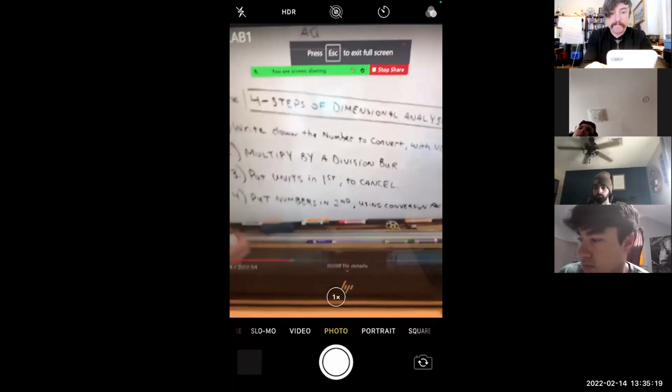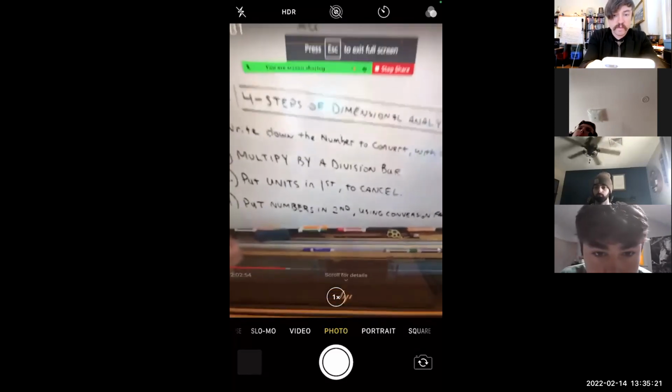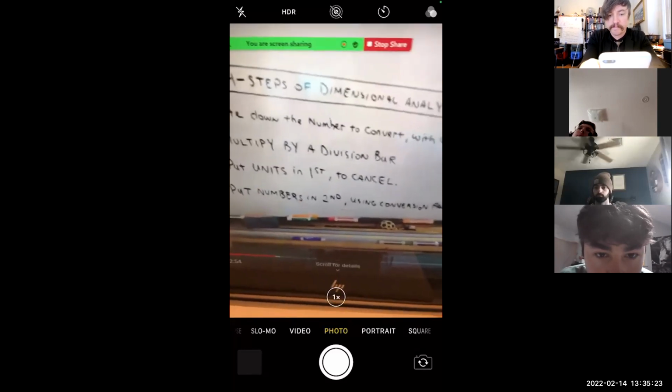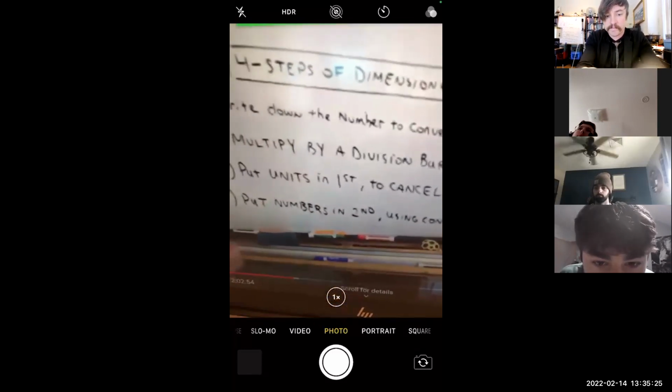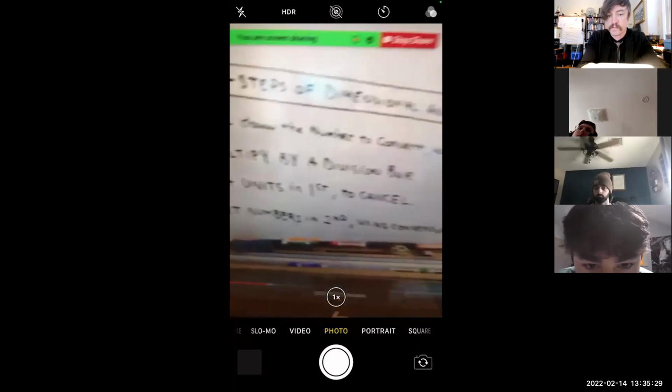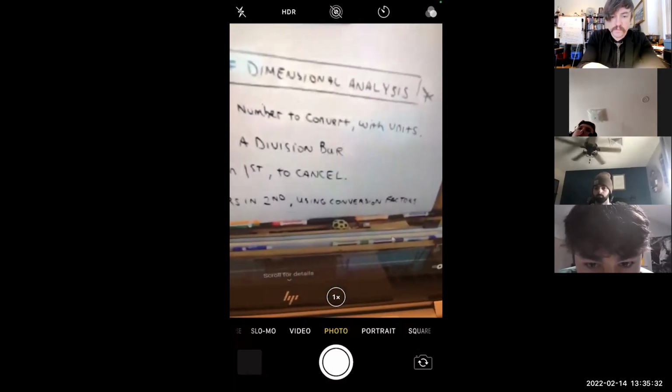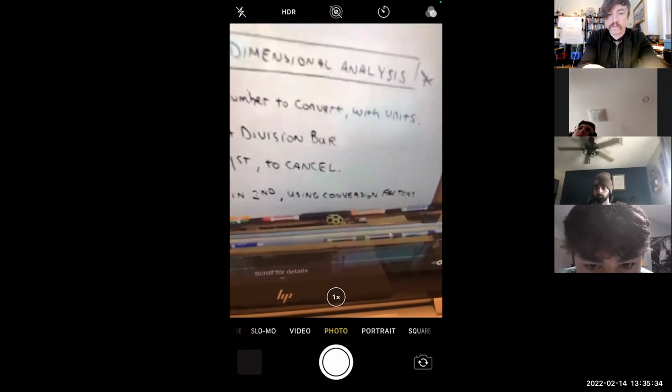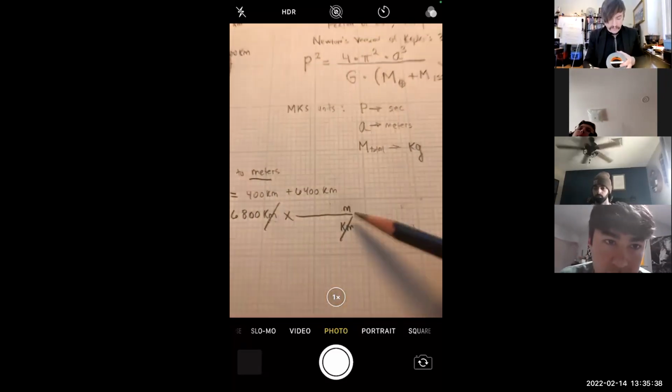What's that say? Put numbers in second using conversion factors. In other words, you need a conversion factor from meters to kilometers. Do you have such a thing?